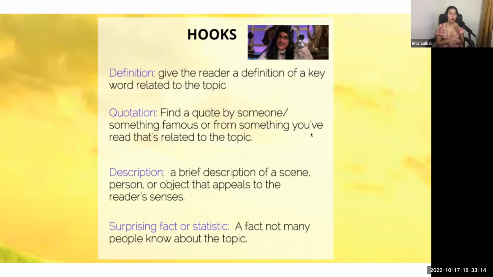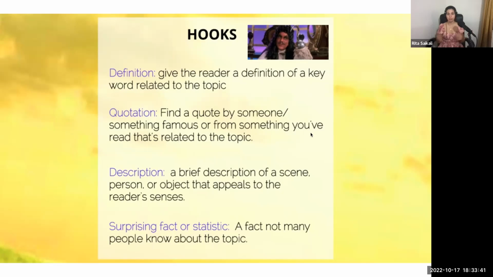You can also use surprising facts or statistics, a fact not many people know about the topic. That can be very interesting to do. For example, this is a pretty heavy topic, but if we're talking about pornography, we can say that pornography does to the brain what heroin does.